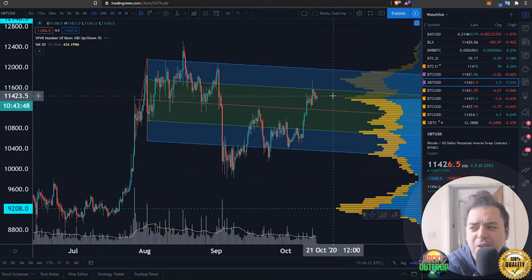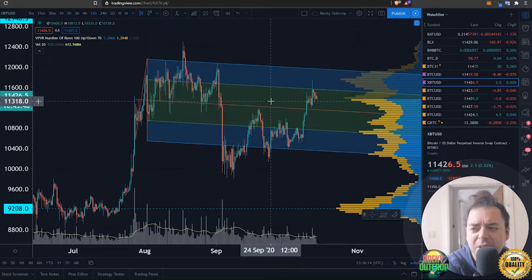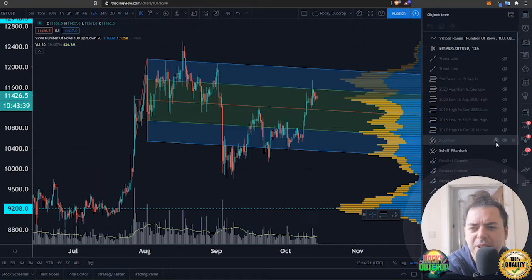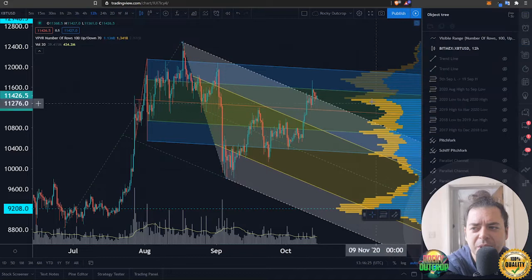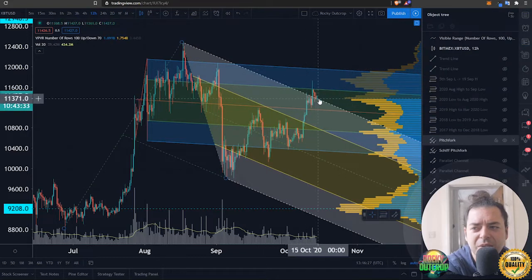If we look over here on the BitMEX chart where I have this pitchfork, do I have two pitchforks on this chart? Let me just check. Yeah, I've got two different pitchfork ideas essentially. In terms of this second one, we're just outside of this zone right now, right on the edge in terms of whether we'll find support or resistance.